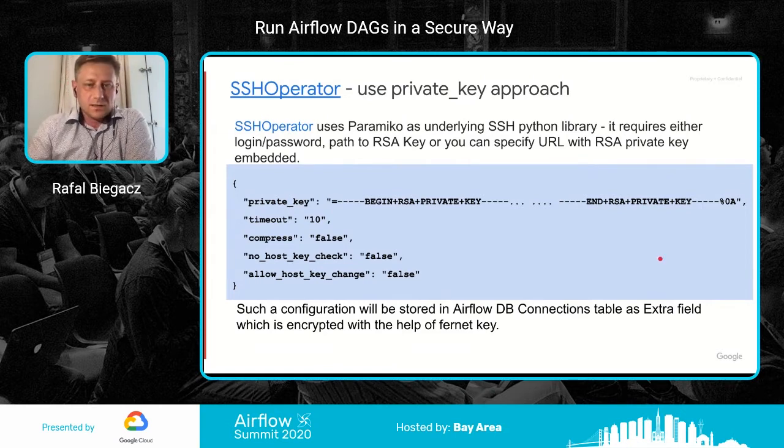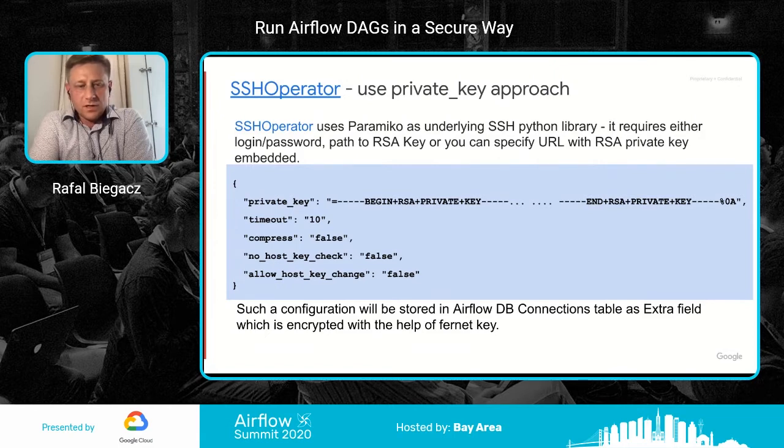A snippet of the code shown here shows you an example when such a private key is embedded in the extra field in connections table. So if you use this, there will be one place where the information is stored. Probably it's much easier to manage rotation of the keys in such a case.